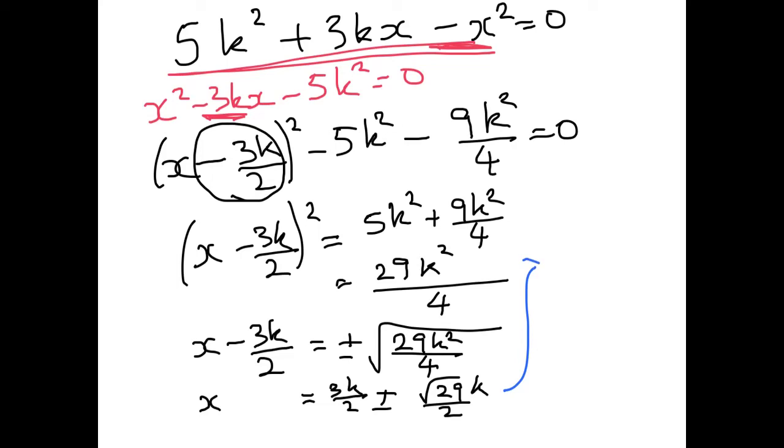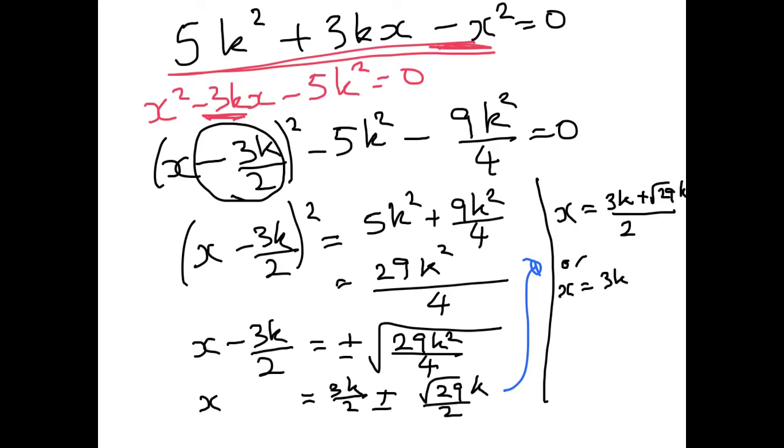Right, final answer up here. X is equal to 3k plus root 29k divided by 2, or x equals 3k minus root 29k divided by 2.